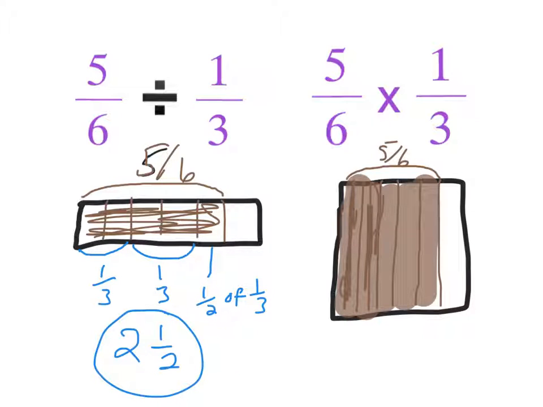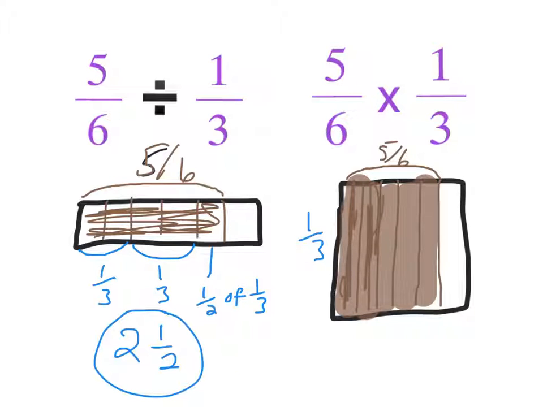So what do we do for multiplication? Multiplication, we have to do sort of the same thing, but we're multiplying. So I have a model of my 5/6 here. How do I add my 1/3? How do I show my 1/3 on here? So 1/3, how about we put it on the side over here? And so we're looking horizontally on our model, and we want to break it into thirds.